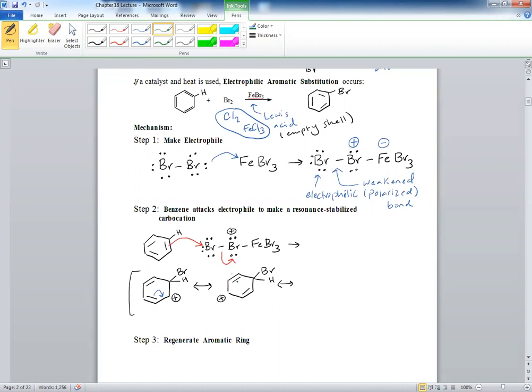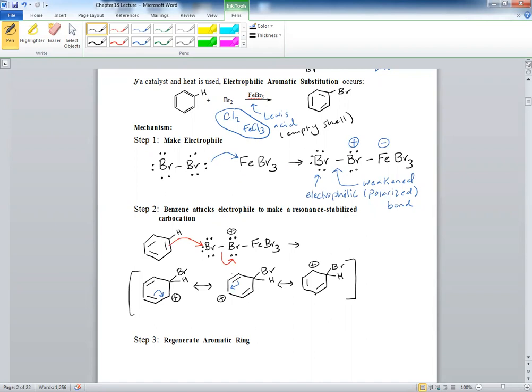Okay, so that would be moving the positive is right there. Very good. So remember, this is in resonance as you're moving the positive charge around. All of those are in one structure. So we have the hybrid.